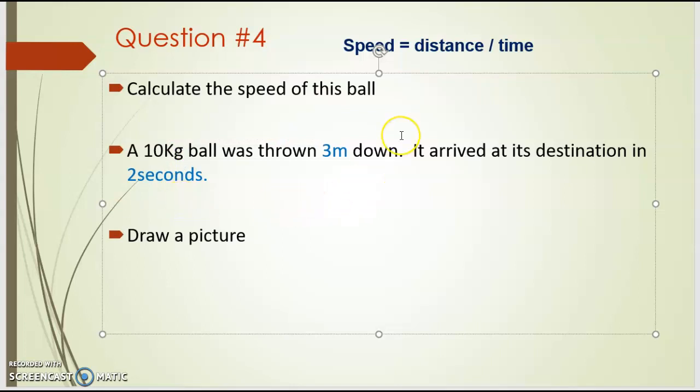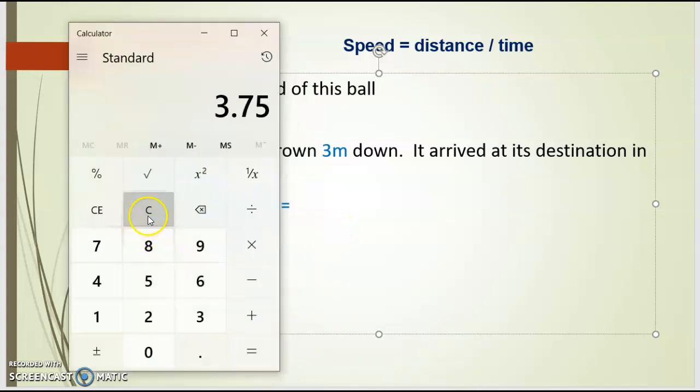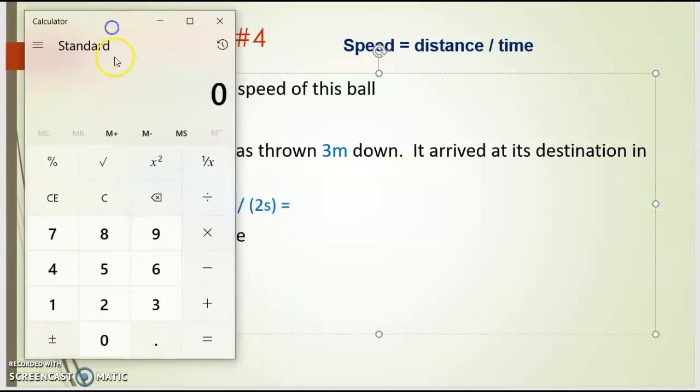That mass is just an extra number that we don't need to use. Okay, so to figure out the speed, we know speed is equal to distance, which in this case is 3 meters, divided by time, and in this case that's 2 seconds, right? 3 meters divided by 2 seconds. And to do this math, I suggest, again, get a calculator. We do not use fractions in this class. 3/2 is not a correct answer.